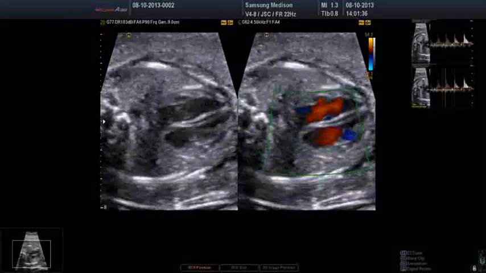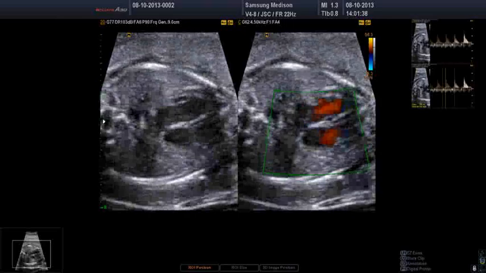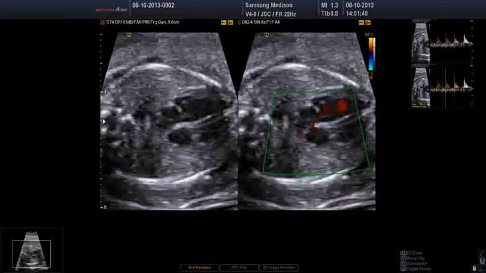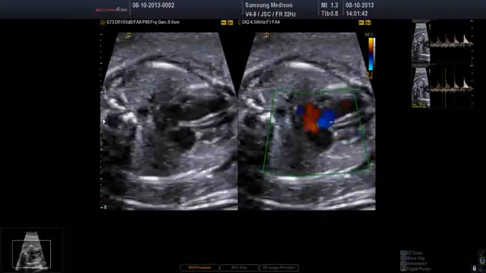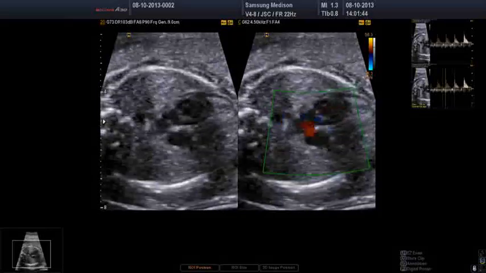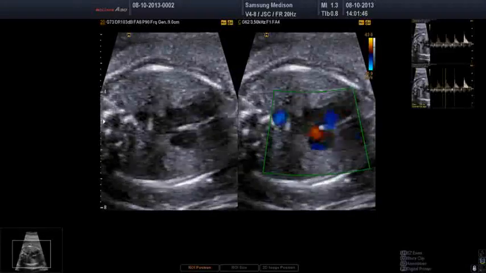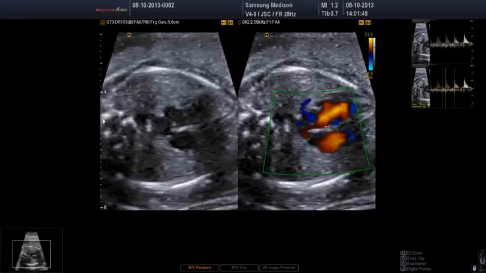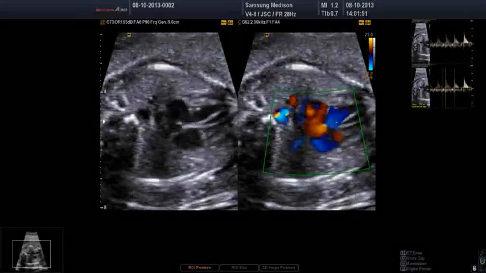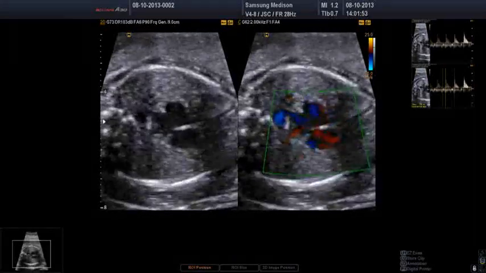If we're trying to see pulmonary veins, we're not going to be able to do that with a velocity of around 60 centimeters per second, which is our scale. So I need to drop the velocity in mid-gestation to somewhere around 20, 25 centimeters per second.